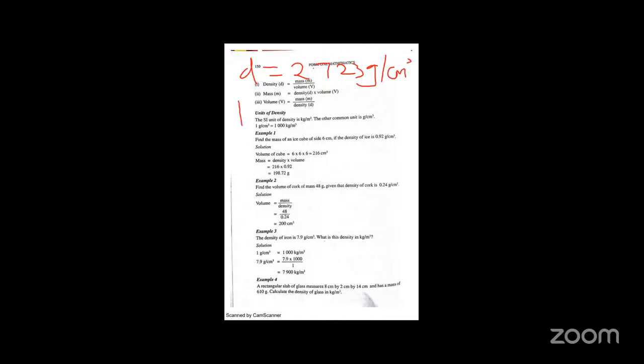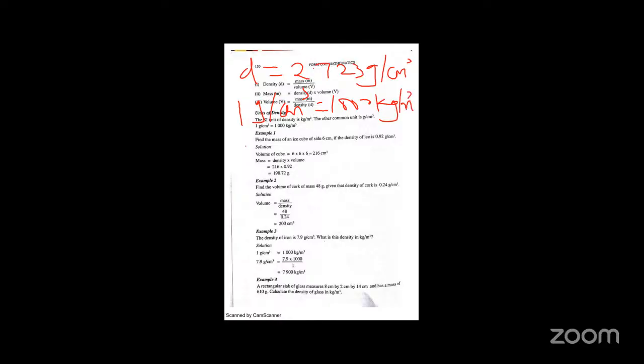So we know that 1 gram per cubic centimeter is equivalent to 1,000 kilograms per meter cubic.